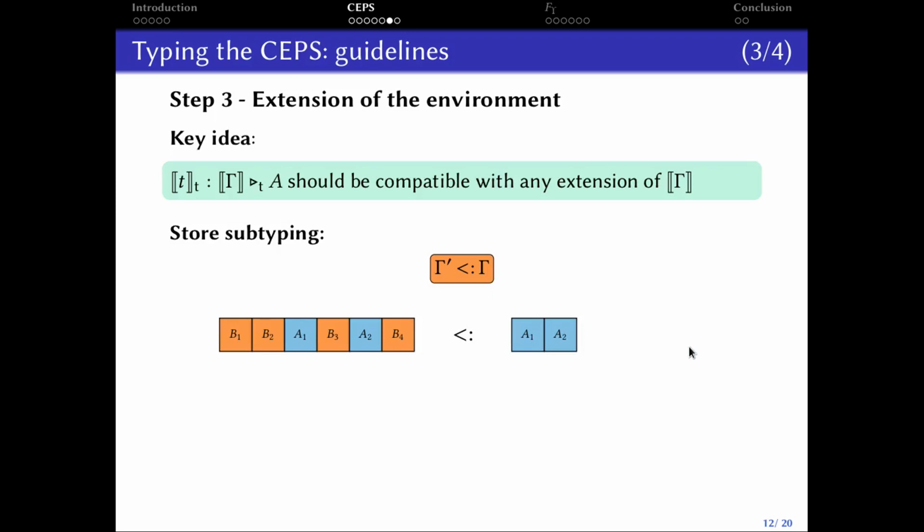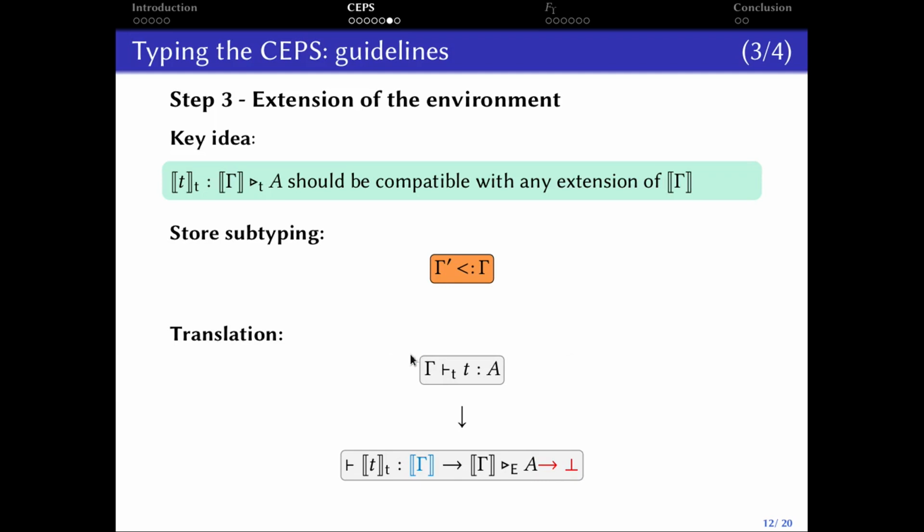To that end, we introduce a notion of store subtyping, which is really easy, the natural one, saying that gamma prime here is an extension of a1, a2, because we have a way to find a1 and a2 both in the extension of the store in gamma prime.